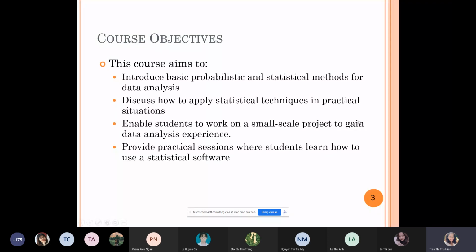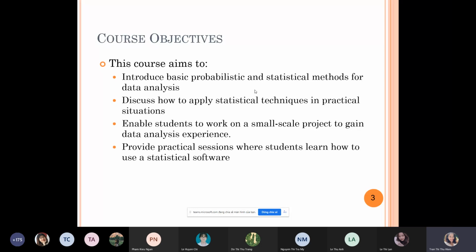So for this course, we introduce the basics of probability and statistical methods. We will discuss how to apply statistical techniques in practical situations. And as you know, we will have a report for the course.